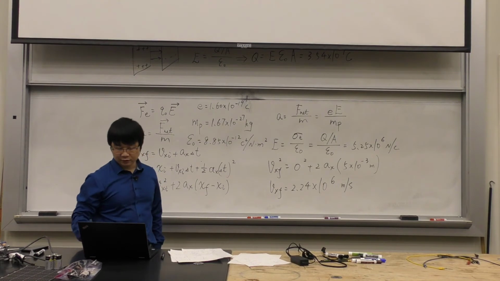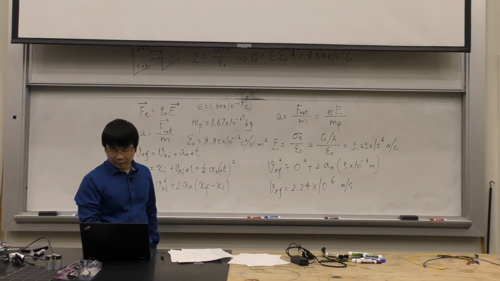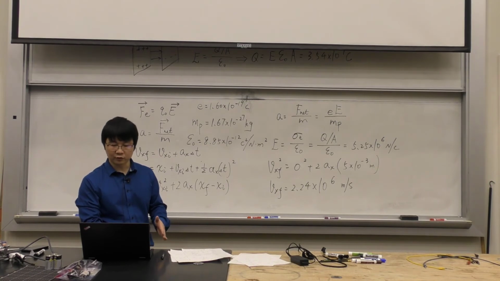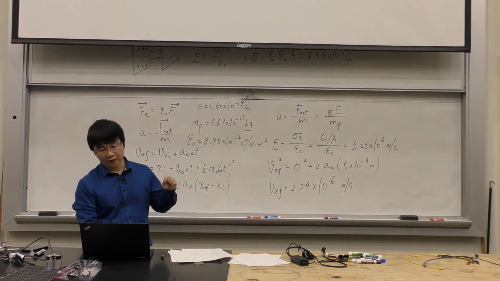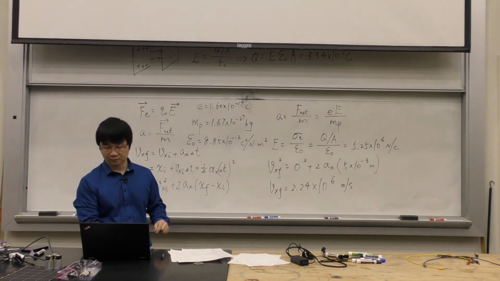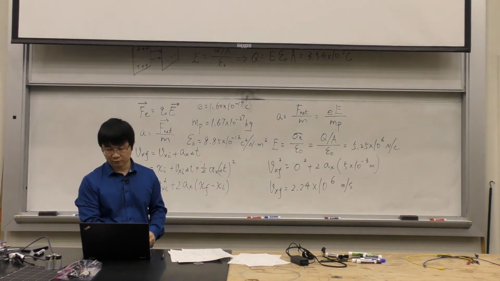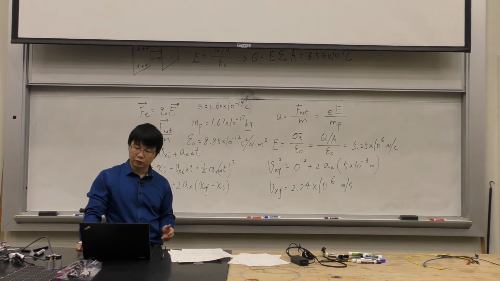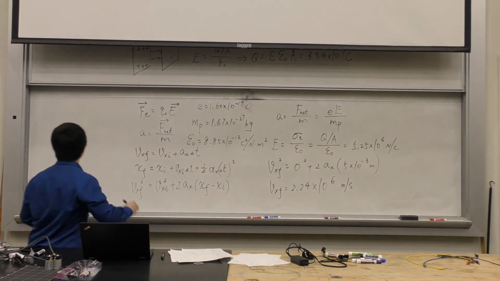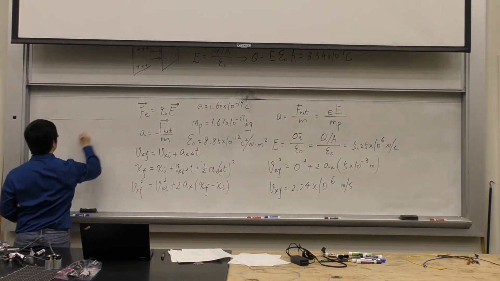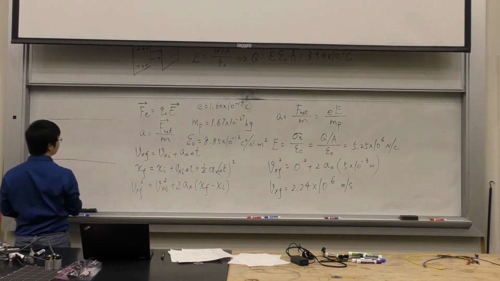So take a look at this question. An electron gun creates a beam of electrons moving horizontally with the speed 1.5 times 10 to the 7th meters per second. The electrons enter a 2 centimeter long gap between two parallel electrodes, where the electric field is 5 times 10 to the 4th newtons per coulomb up. These are the plates.